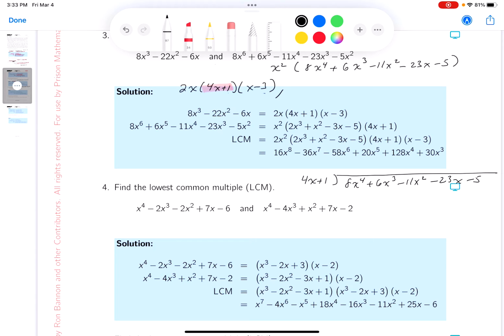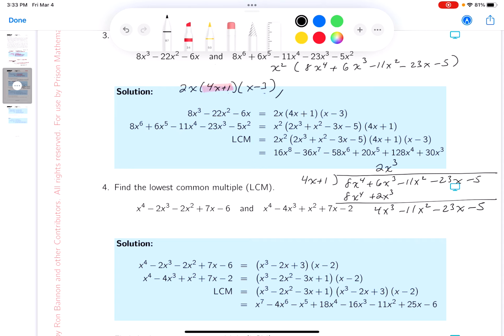That would be 2x cubed. That would give me 8x to the fourth plus 2x cubed, subtract, and I am hoping that this is going to go smoothly. What's the next one? But if it's going smoothly, it's over anyway.